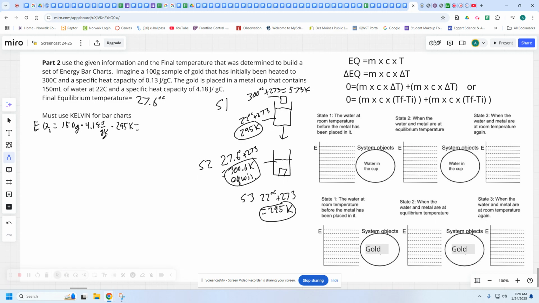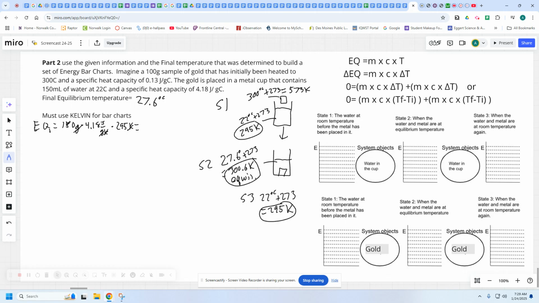Now when you go to multiply this, you need to keep track of what units cancel for this to make sense. I'm trying to solve for EQ. That's an energy quantity, which means I need to end up with joules as a unit. If you look carefully, the grams cancel, the Kelvin cancels, and we're only left with joules in the end.